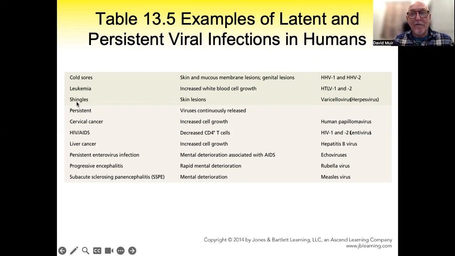The other one you have heard about is shingles. This is varicella virus, and that is the virus that causes chickenpox. Of course, with chickenpox, there's an initial acute illness with skin lesions, usually in children, but it can occur in adults if they haven't had it before.